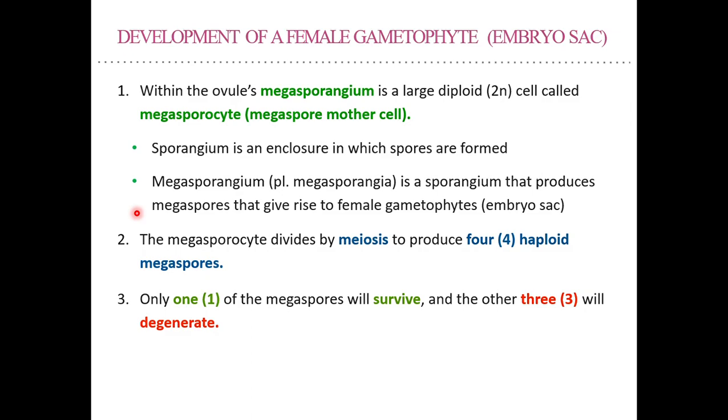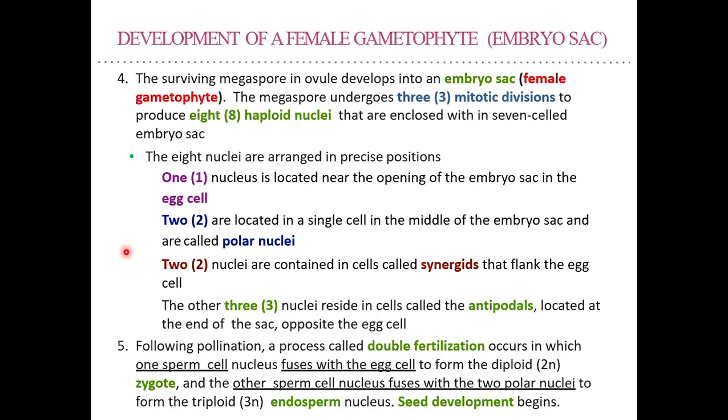And then this megasporocyte divides by meiosis, which will form 4 haploid megaspores, in which only one of the megaspores survives, and the other 3 will degenerate. And then the single surviving megaspore in the ovule develops into an embryo sac, which is the female gametophyte.